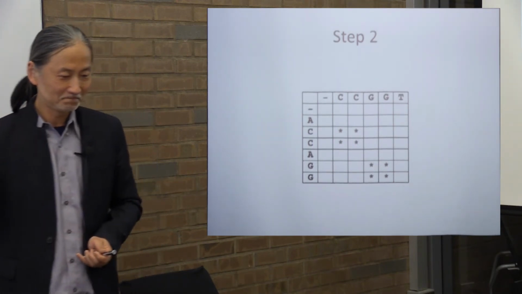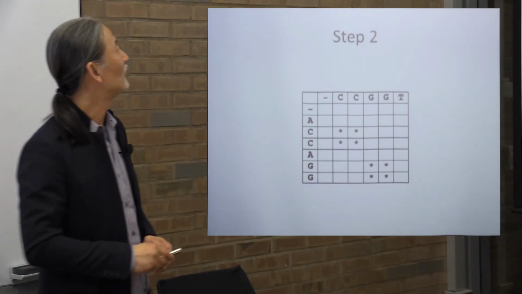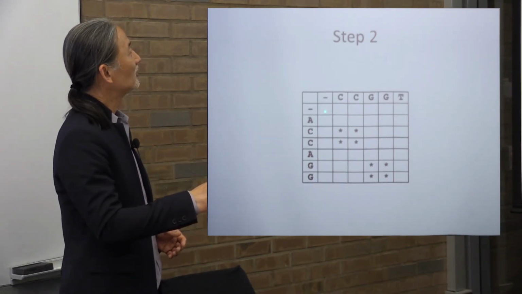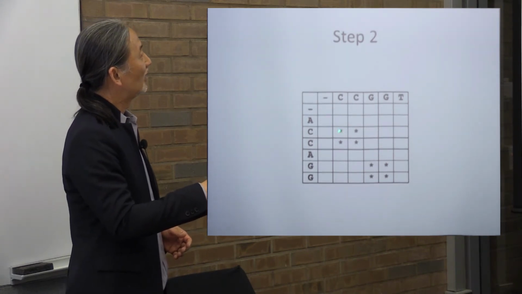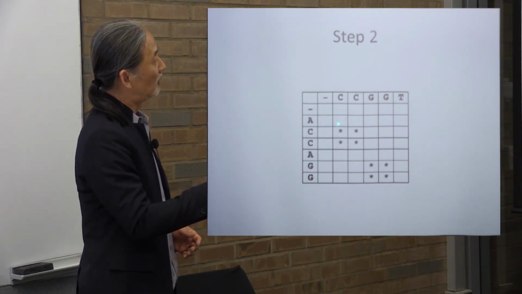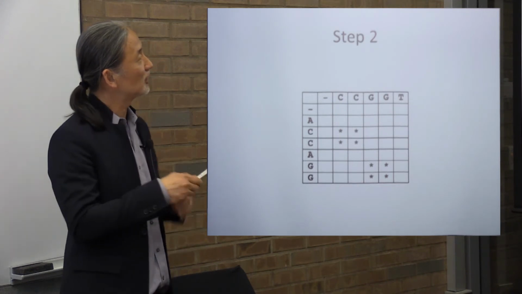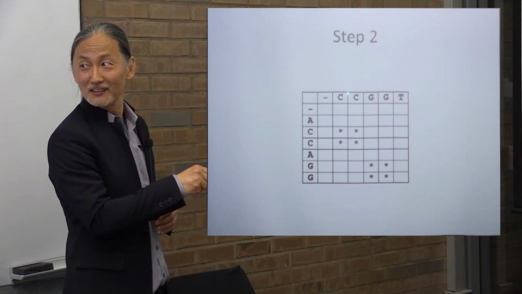Here's the key step. We get the alignment by figuring out how to match this string to this string, so we're going to take a path. I'm going to start here and move along. It's like making a chess move, except it's a pawn. The pawn makes only one step at a time.